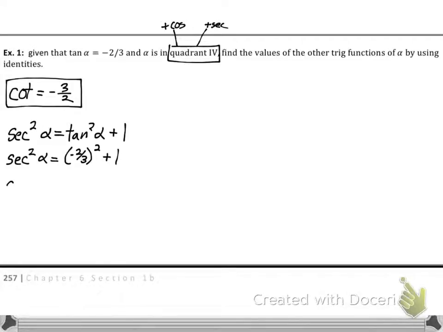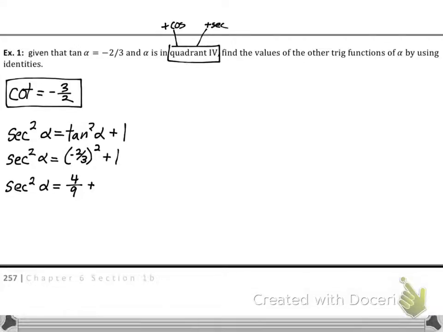All right, so that means secant squared alpha is going to equal, well, a negative times a negative is a positive, so we're going to have positive 4 over 9. And that's plus 1. Well, I'm not going to put plus 1.